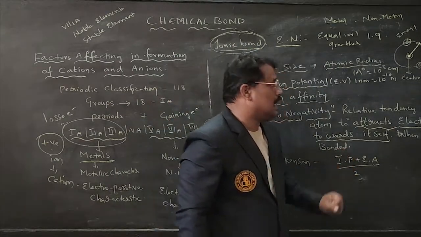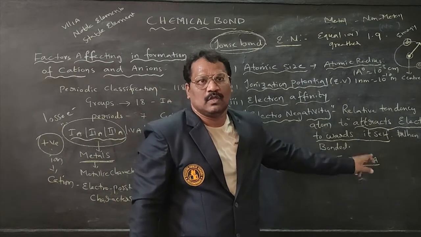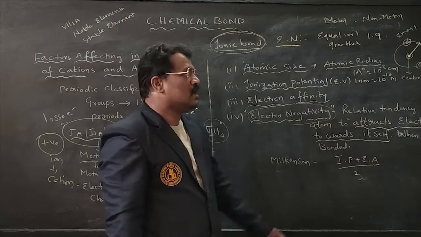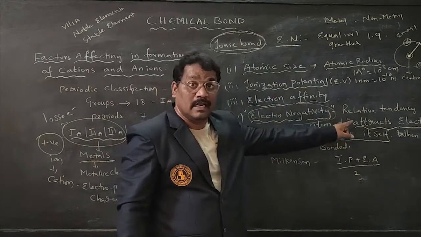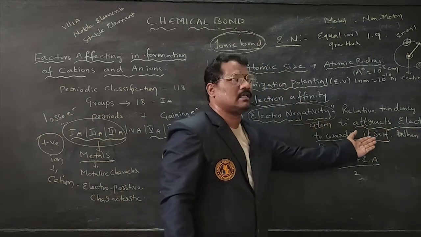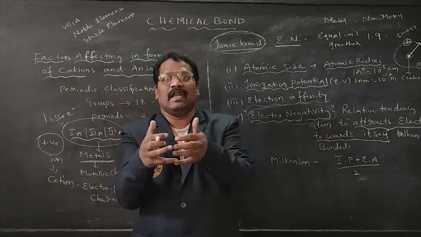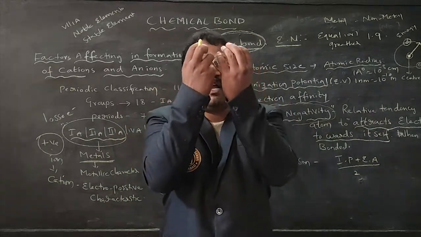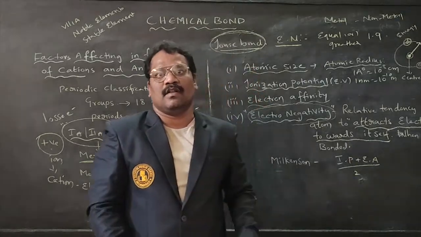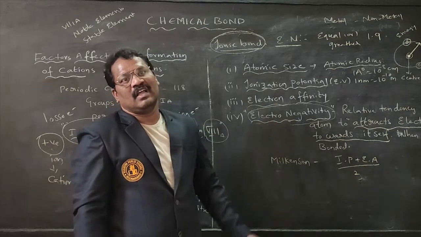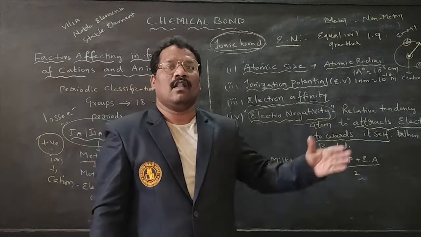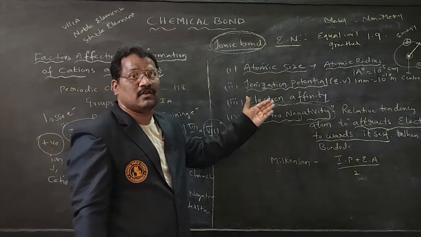Electronegativity is called the relative tendency of an atom to attract electrons towards itself when it is bonded. These are the definitions of all the factors which affect electronegativity.